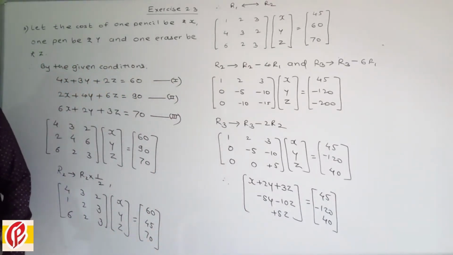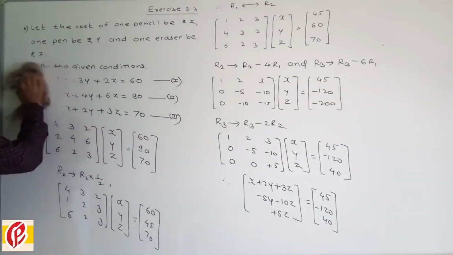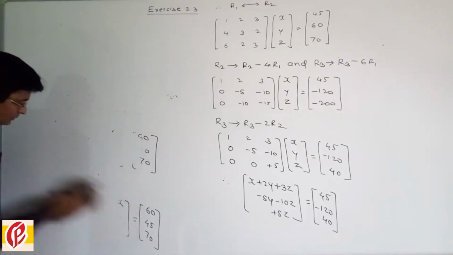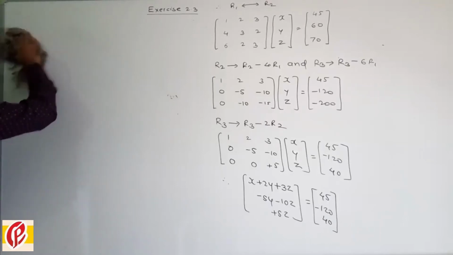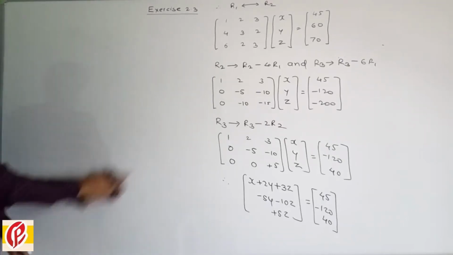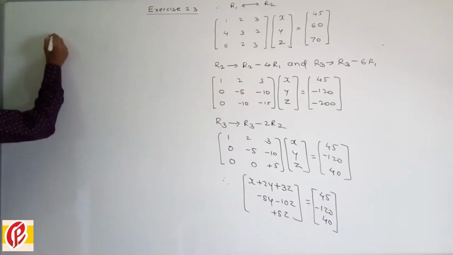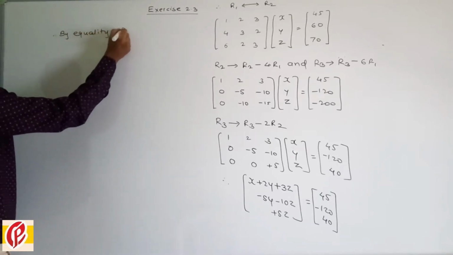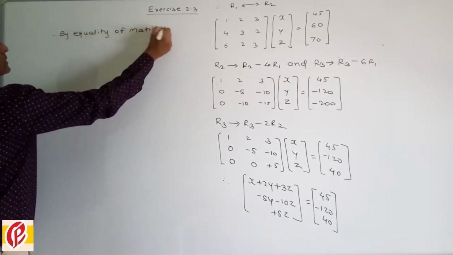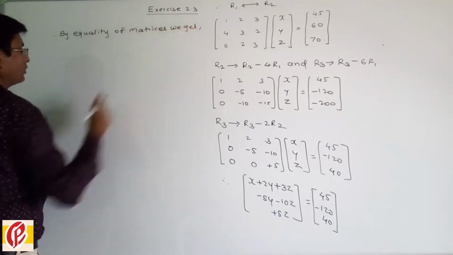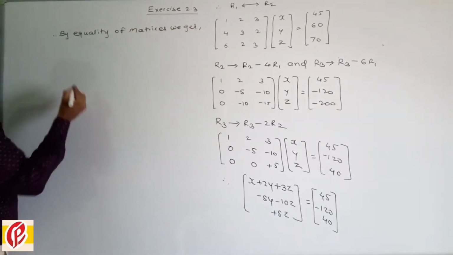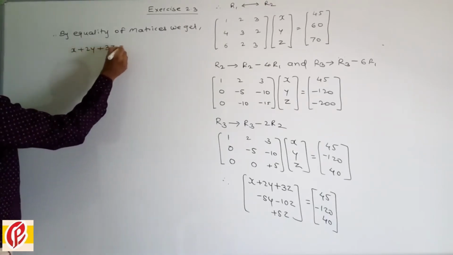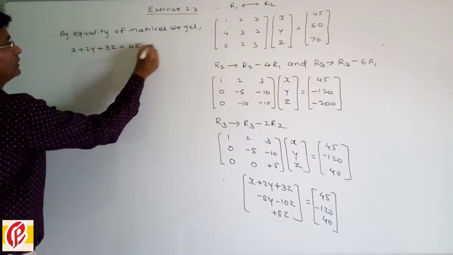Okay, next step is by equality of matrices. Therefore by equality of matrices we get x plus 2y plus 3z is equal to 45, equation number 1.